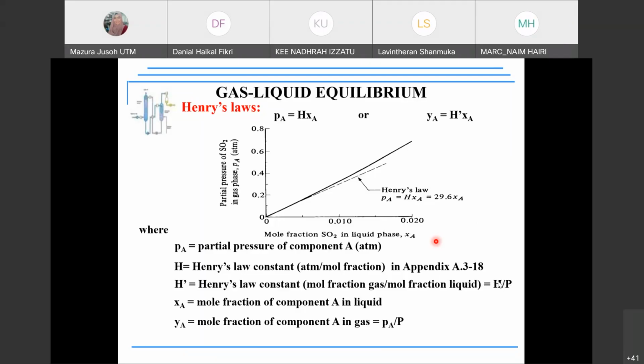Mole fraction times total pressure. Yes, the mole fraction of the component that you want to know the partial pressure of, times the total pressure. So that's actually what it is. Okay, thank you, Naim. Glad that you remember, or you can just Google actually.